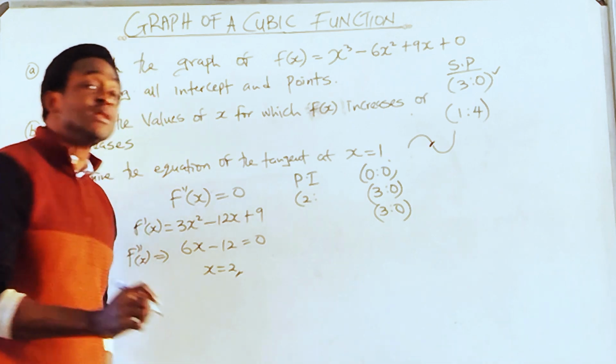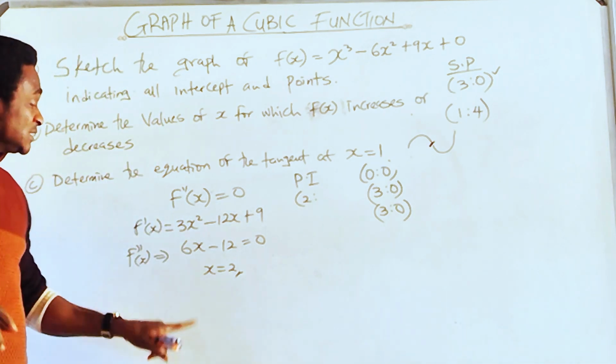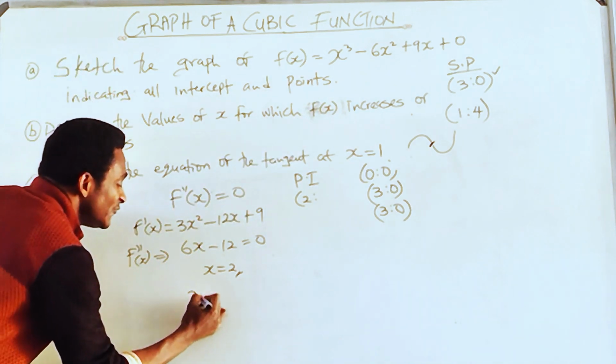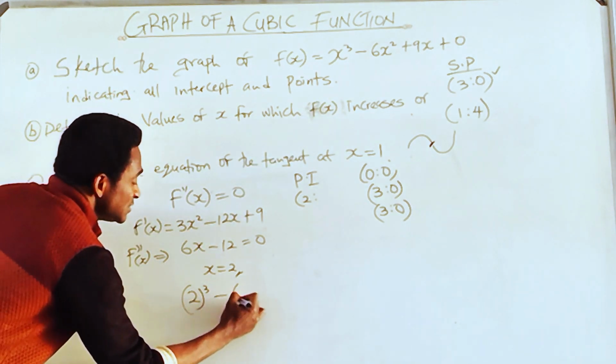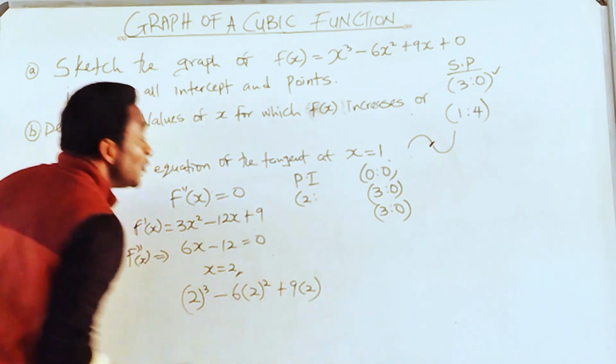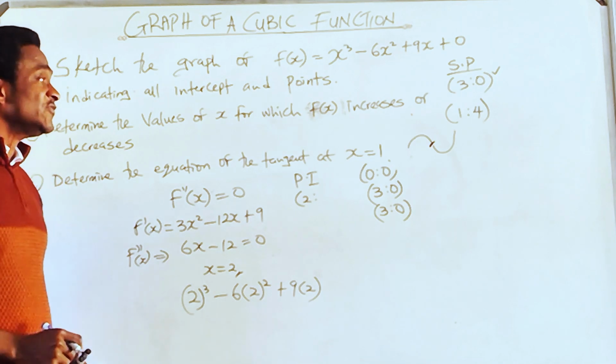We need to get the y value, just like we did with stationary points: sub it into the original equation. So, we have 2 to the power of 3 minus 6 times 2 all squared plus 9 times 2. That will give us the y value of our point of inflection.